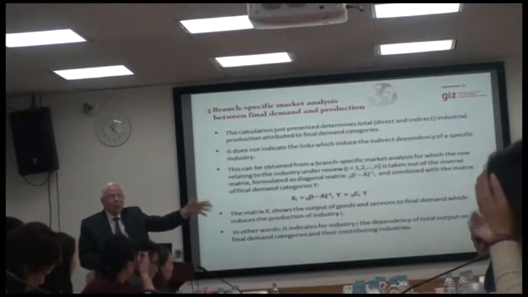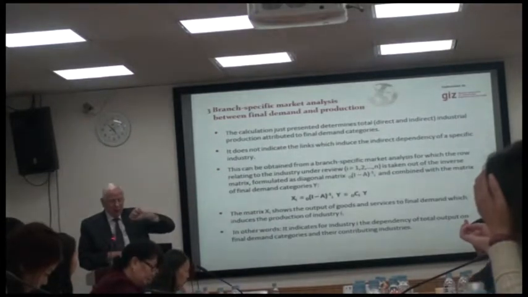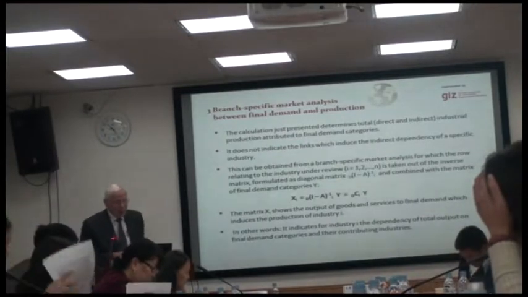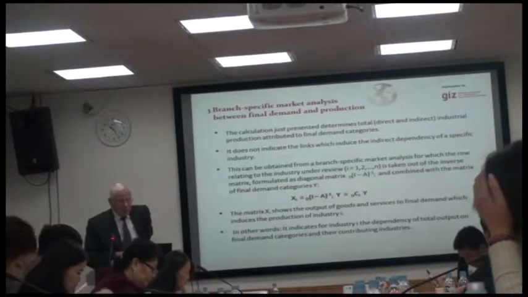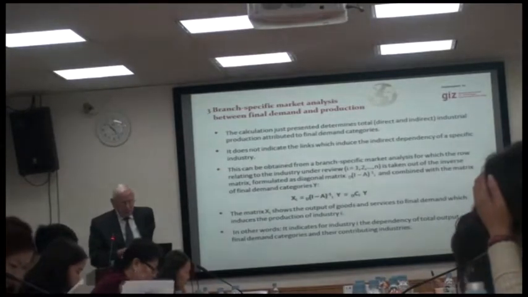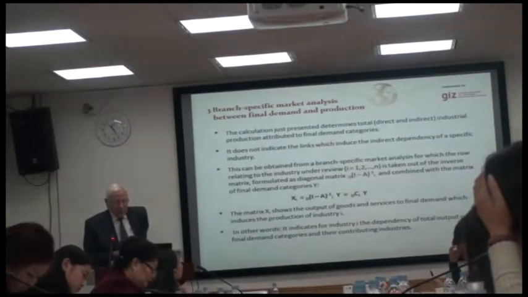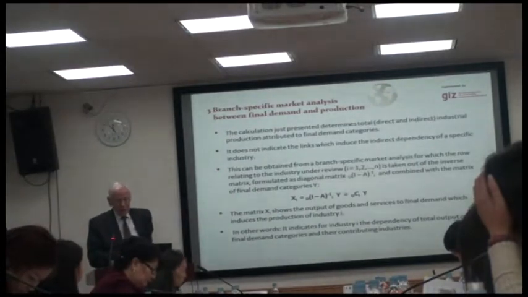And for that we are doing so-called branch-specific market analysis. To make branch-specific market analysis, we take the row relating to the industry under review, that means again row i, 1 up to 20, out of the inverse matrix, and we formulate it as a diagonal matrix.